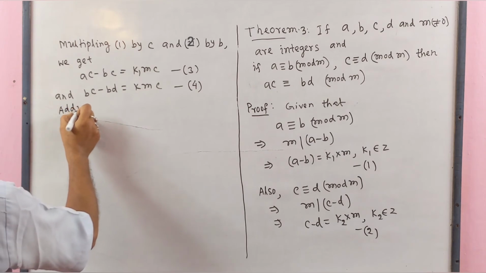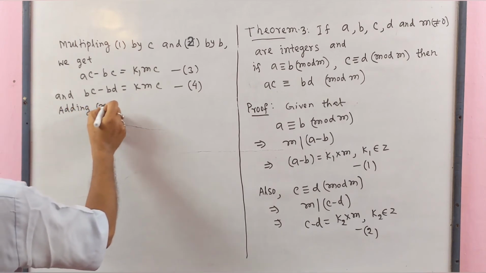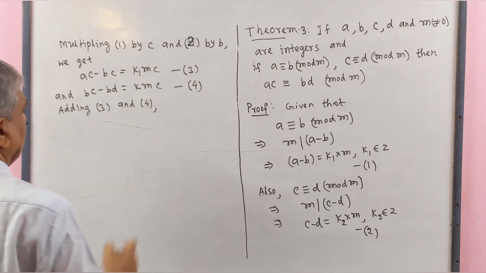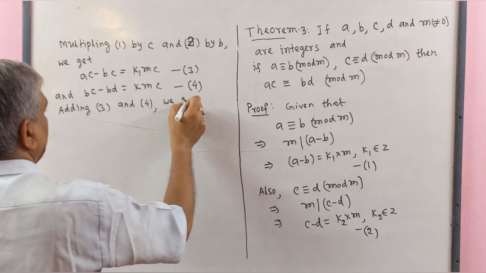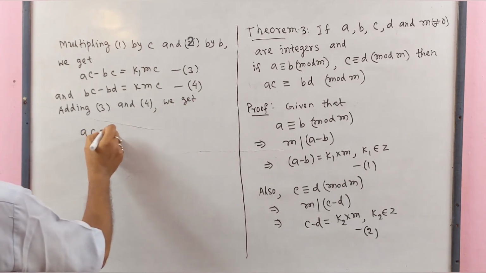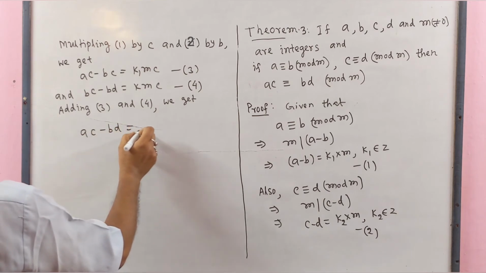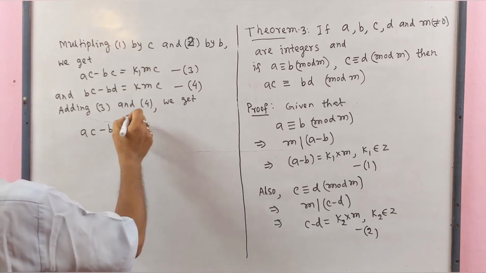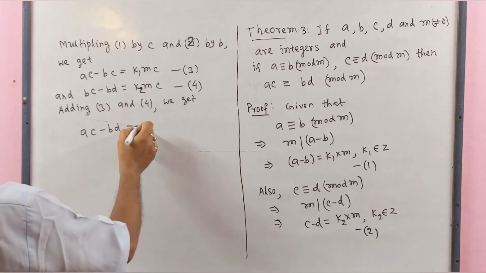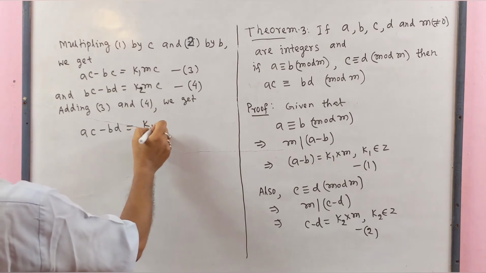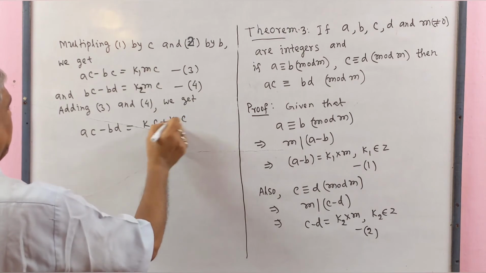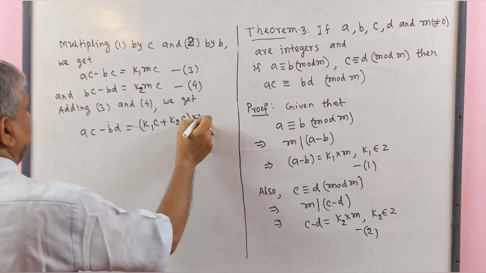Adding 3 and 4, we get ac minus bd equals k1 c plus k2 c, multiplied by m.